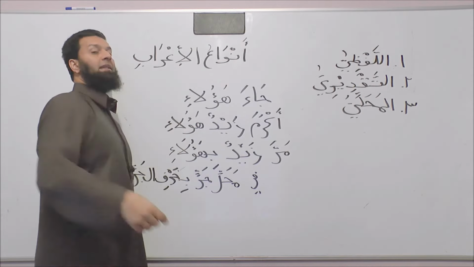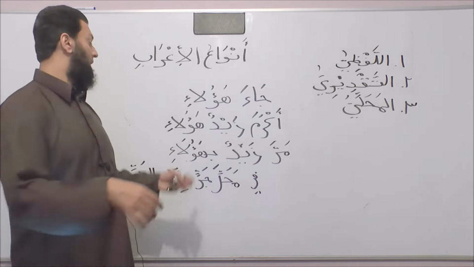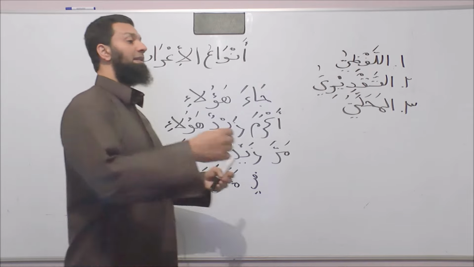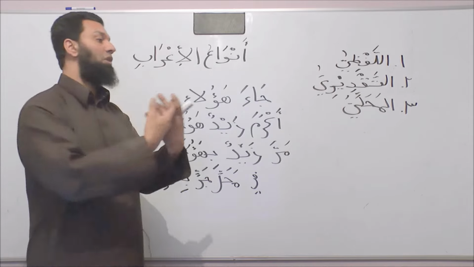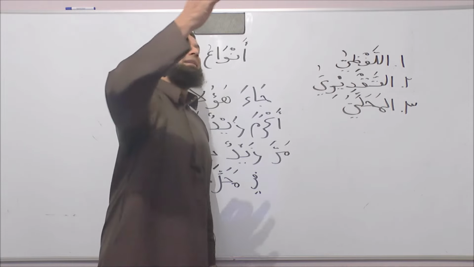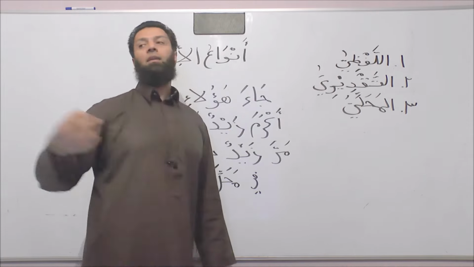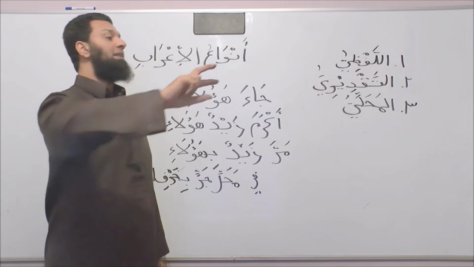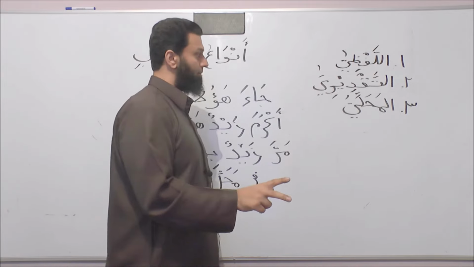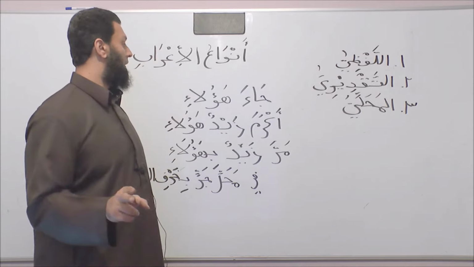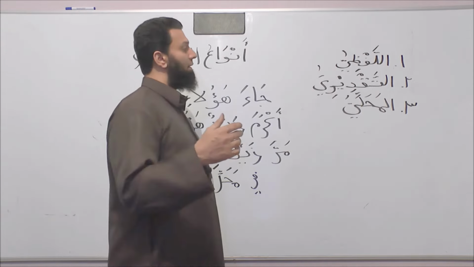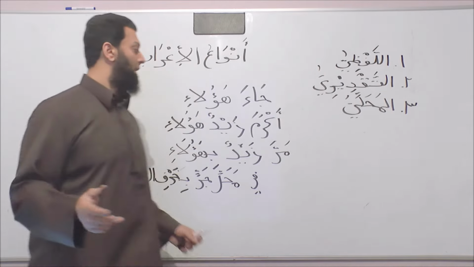Rather, we say that the entire word, the entire ismun in this instance, is fi mahalli raf'in, or fi mahalli nasbin, or fi mahalli jarrin. It's not only that it's the last letter that would occupy that position, rather it's the entire word. So it's important to remember those two differences, and then inshallah ta'ala it will be simple for you to understand.